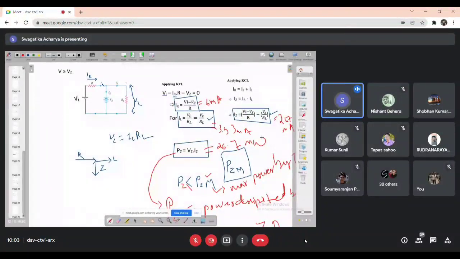Is it applicable or not? Applicable, ma'am. How? Because PZM is given to you as 30 milliwatt. So that comes under this range, right? So it is an applicable value.